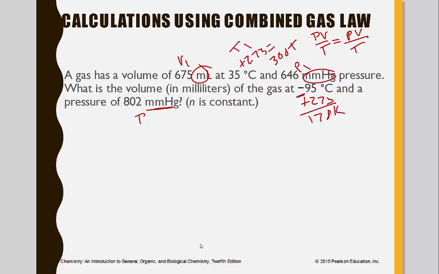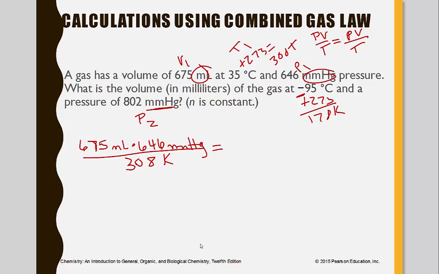So that's good. So 675 milliliters times 646 millimeters of mercury over 308 Kelvin.